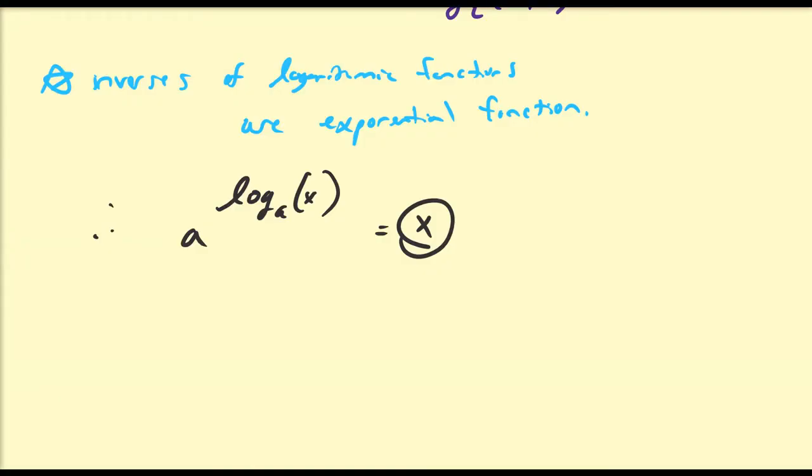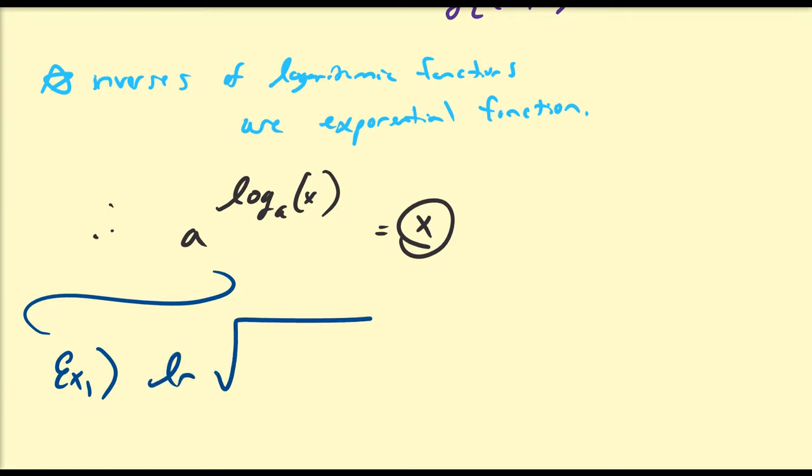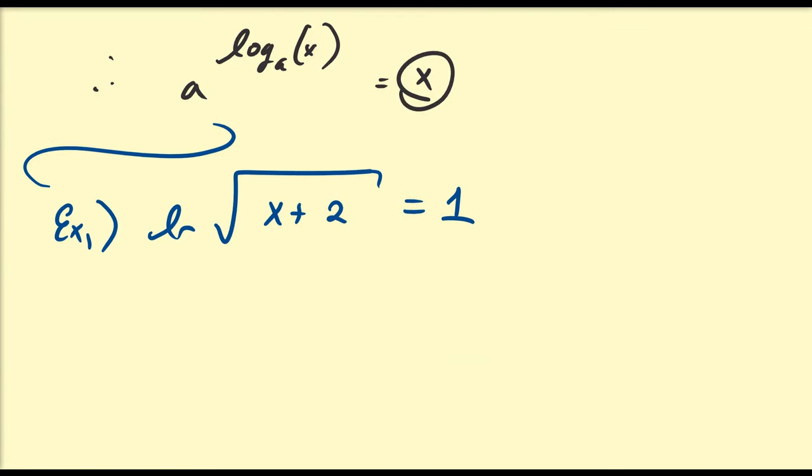Alright, so let's begin with some basic logarithmic equations. Let's consider the natural log of the square root of x plus 2 is equal to 1. Now you may be like, oh, that's not really an easy example to start with. Well, actually, it's not as scary as it looks.